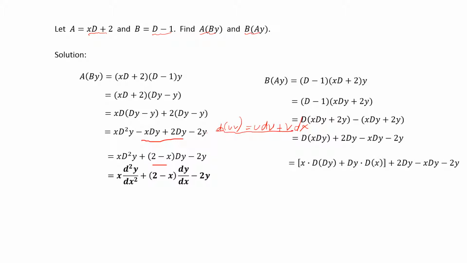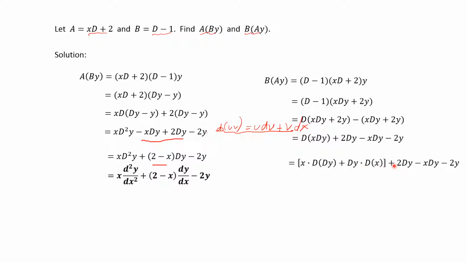So next step, you have x times the derivative of Dy, plus Dy times the derivative of x. This is a product, plus 2Dy minus xDy minus 2y. Just write term by term.